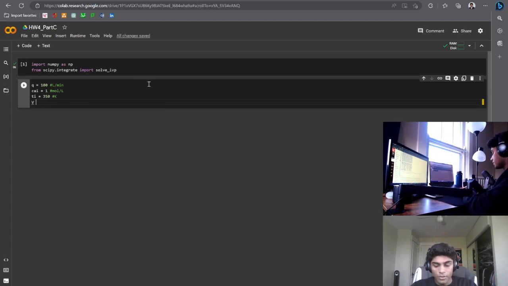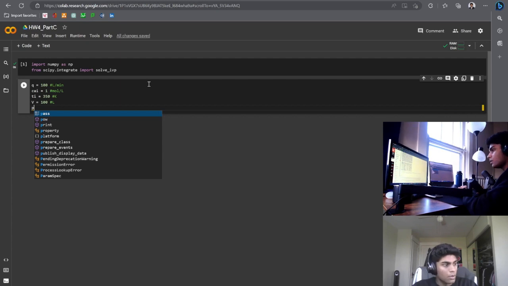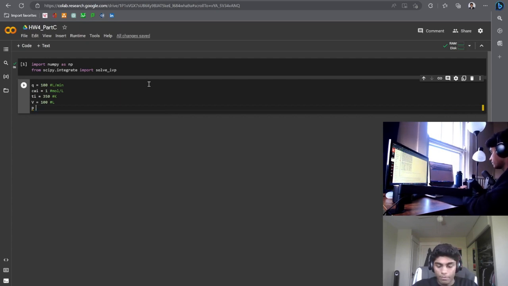Our volume is 100 liters. Density, P, yeah, we can use P, is going to be equal to 1,000 grams per liter.